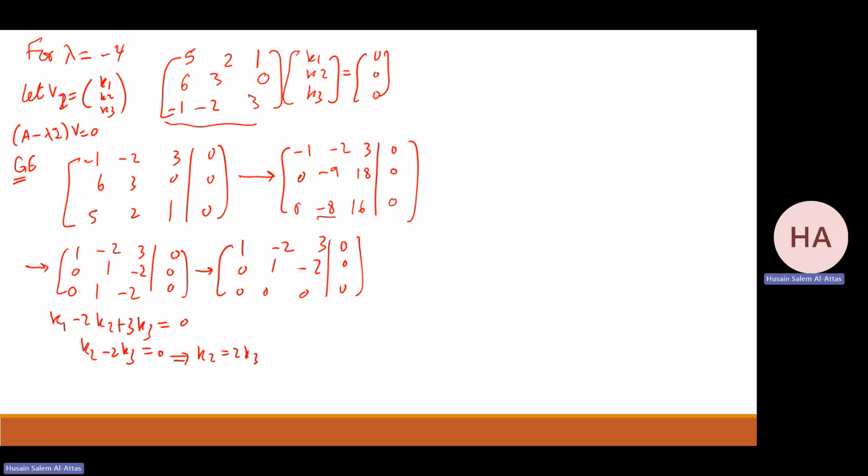It's minus 1, sorry. This is minus 1, minus 1. So this is minus K1. Okay. So K1 will be 3K3 minus 2K2. That will be minus K3. So K3 is a free variable.